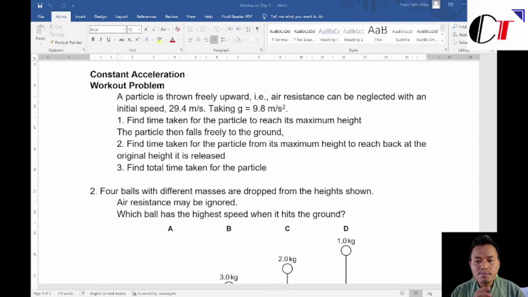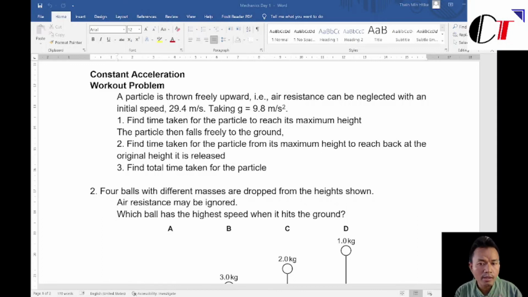So if you look at this problem, an object is freely thrown against the pull of gravity with initial speed 29.4, and then of course it will reach maximum height. The speed will then be 0 there, and it just free falls. You are asked to find the time taken for the freely thrown upwards motion and also the free falling motion from 2 to 3.